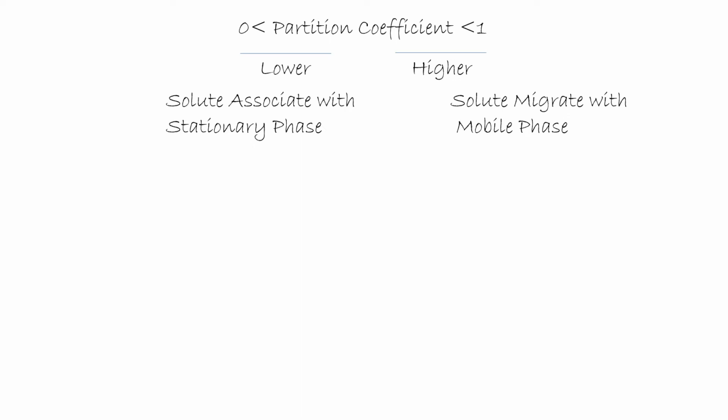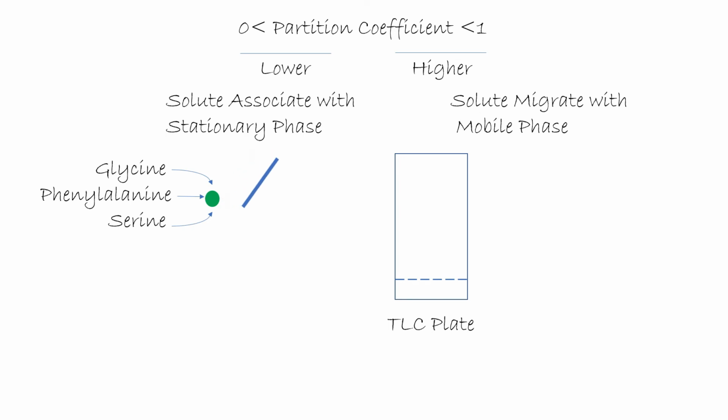Now, in order to understand how these experiments are done, we need to consider an example. Suppose we have a mixture consisting of glycine, phenylalanine and serine, and we need to separate and identify these solutes. For this, we will need to take a TLC sheet, and then by using a thin capillary tube, we will apply this mixture onto the TLC sheet.